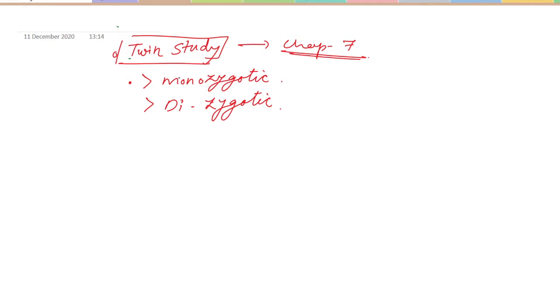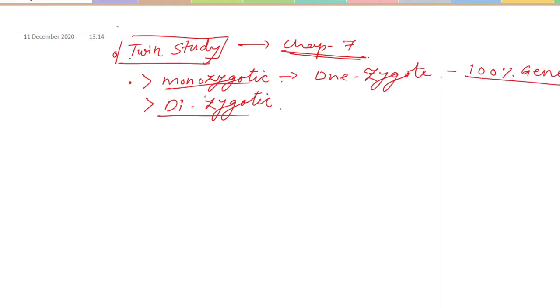Twin theory consists of monozygotic and dizygotic twins. Monozygotic twins are twins which are born from one zygote, and they share 100% of their genes.